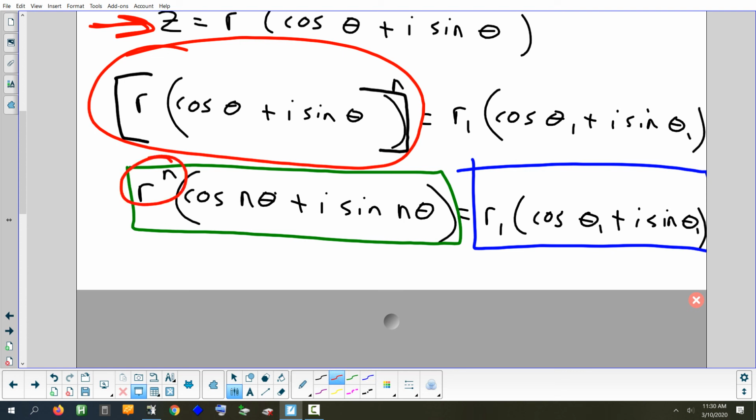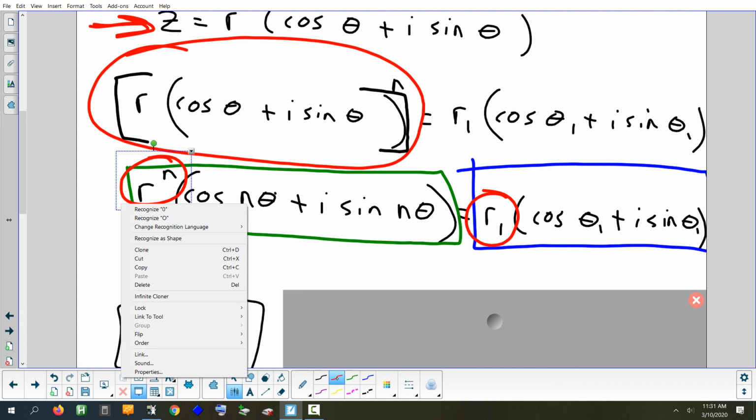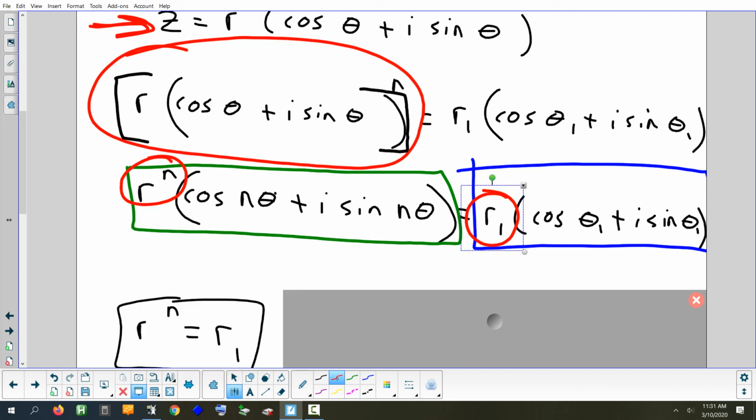There's a radius on the left, and there's a radius on the right. Set those two things equal to each other. R to the n equals R1. You're going to solve that equation, and that's going to tell you the radius of your answer. So set the radius on the left equal to the radius on the right.